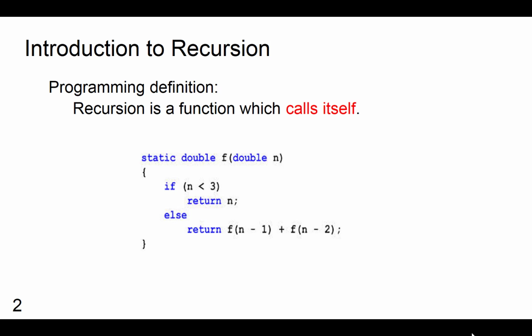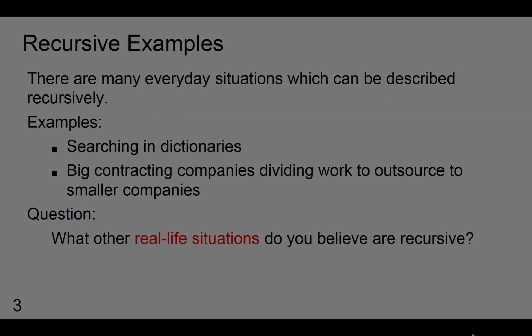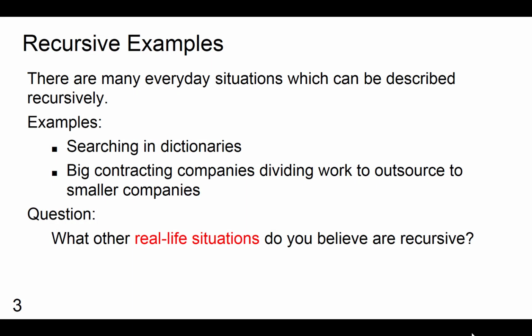In the else part, normally in a recursive method, you should have a base case. For example, in the if part, if n is smaller than 3, return n. That is the base case which stops the recursion.